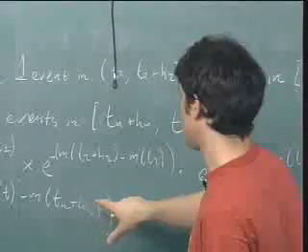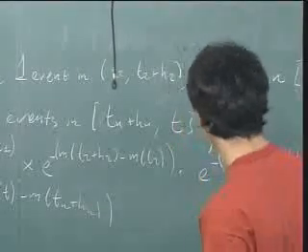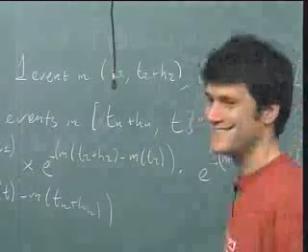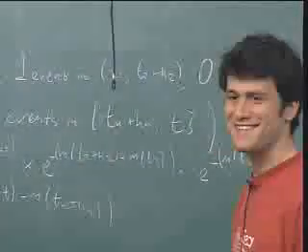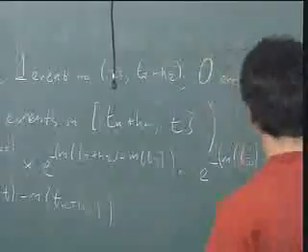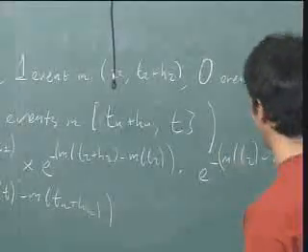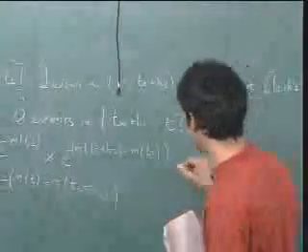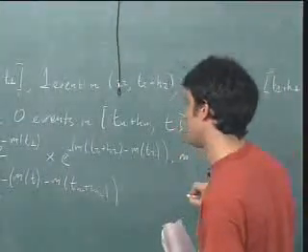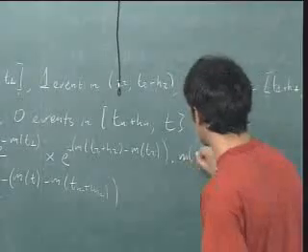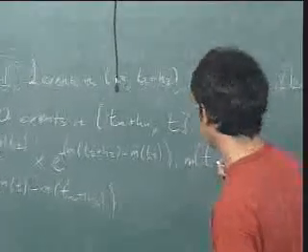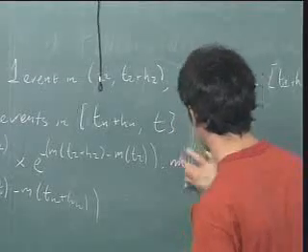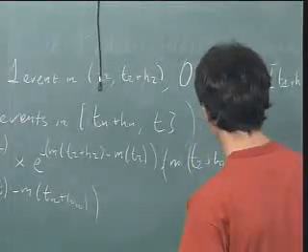Oh, shoot, did I forget to? Yeah, I forgot to multiply something. Okay, was that your question? Thank you. Yeah, thank you very much for reminding me. Okay, so m of T2 plus H2 minus m of T2.